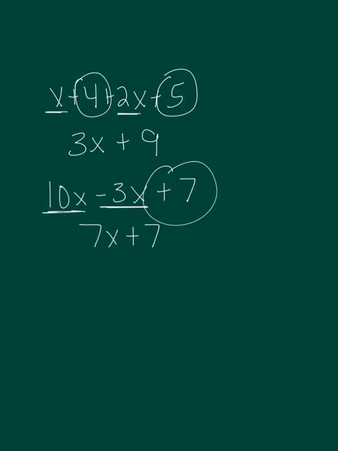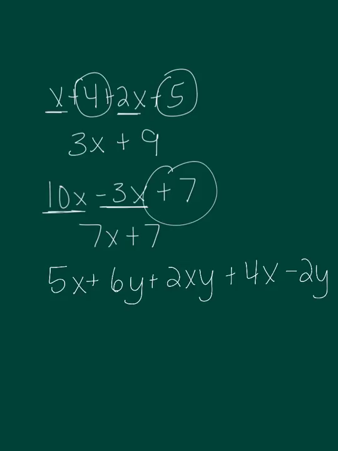So this next one looks a little intimidating, but it's really not bad at all. Let's go through it. So we have 5x plus 6y plus 2xy plus 4x minus 2y. So when we look at this expression, the first thing we look for are our like terms, which is going to be 5x and 4x, and that gives us 9x.